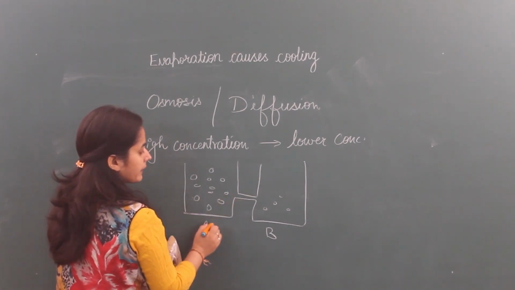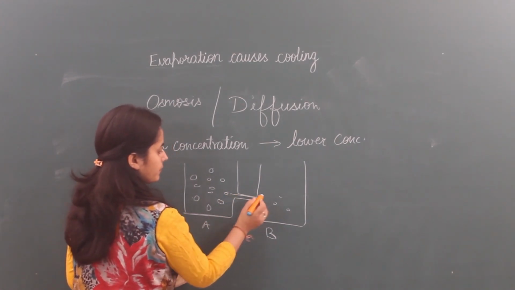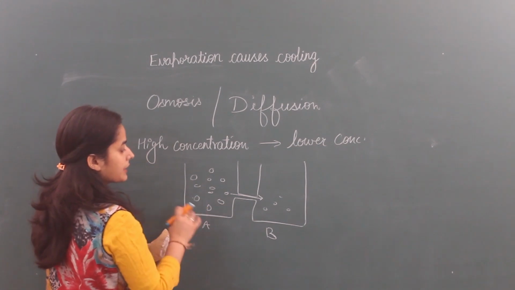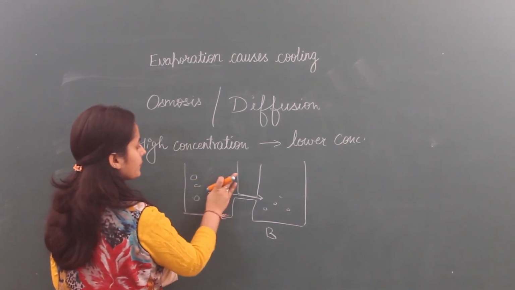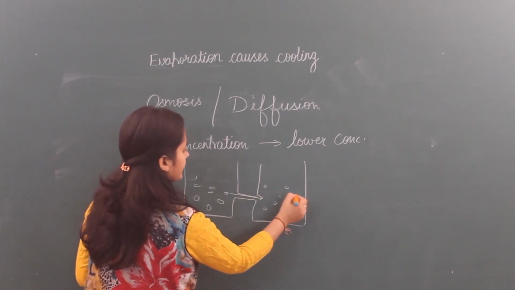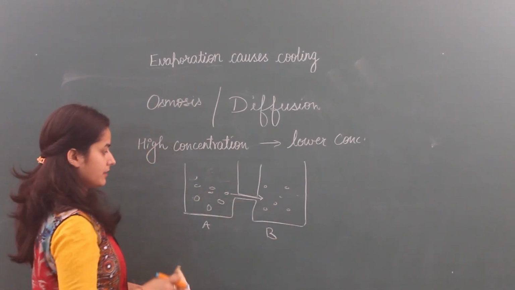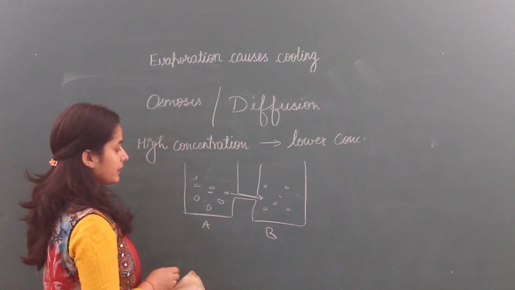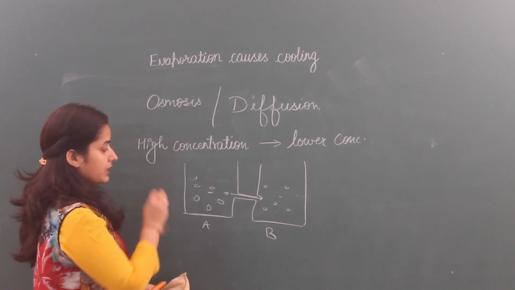Particles from container A will pass towards container B, and it will happen up to that time that both side containers have the same particles.